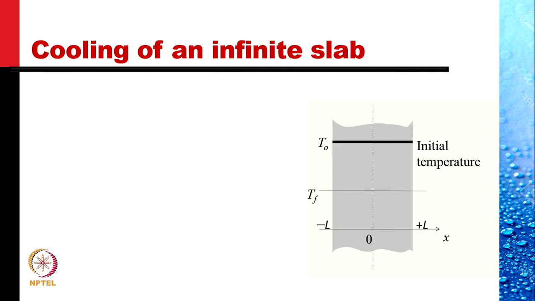Let's do some examples in heat transfer. This is an example we did earlier using a different approach. Cooling of an infinite slab. An infinite slab of thickness 2L in the x direction is immersed in a fluid of temperature Tf.